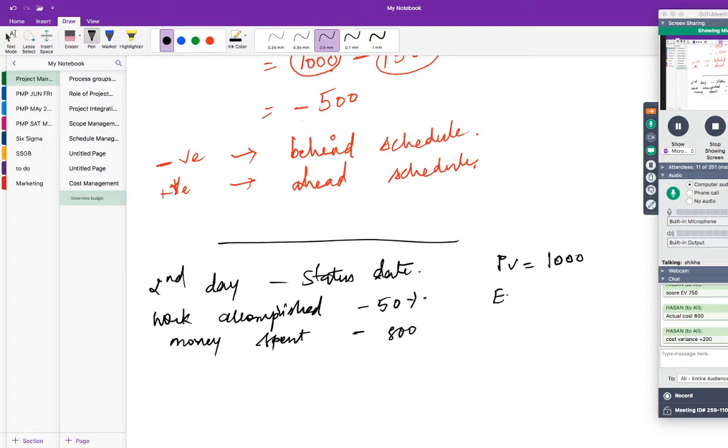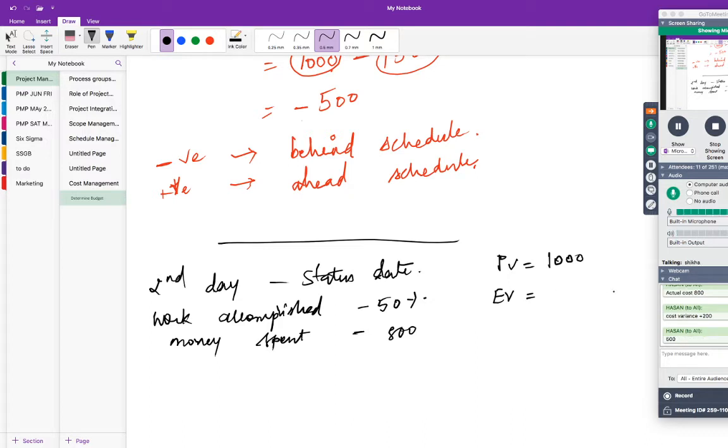So what is the EV? 50% of work is over. Earned value is 50% of the total work.